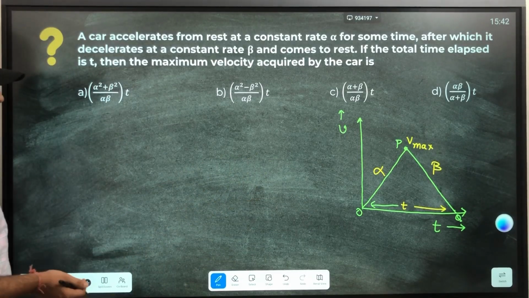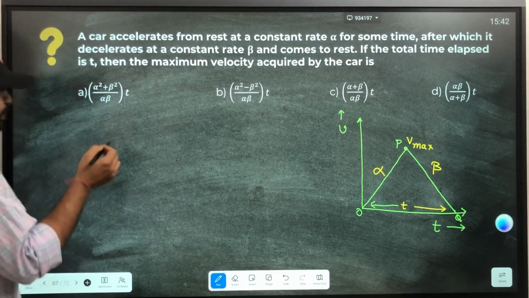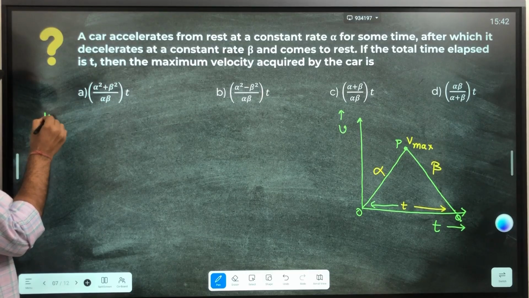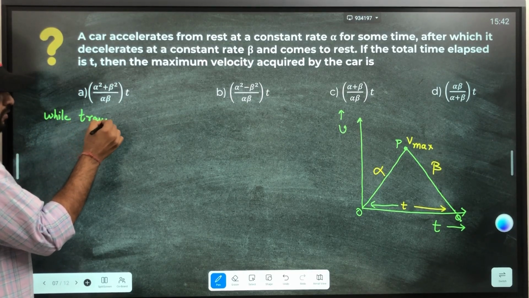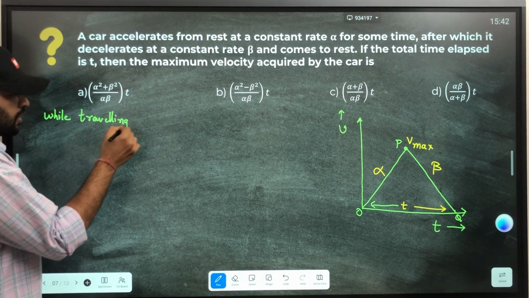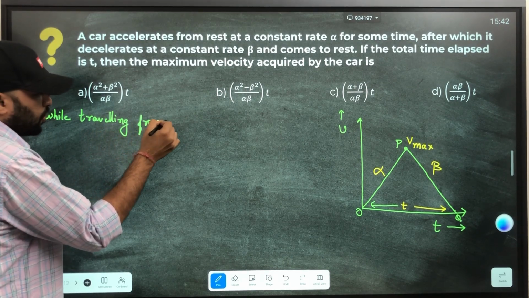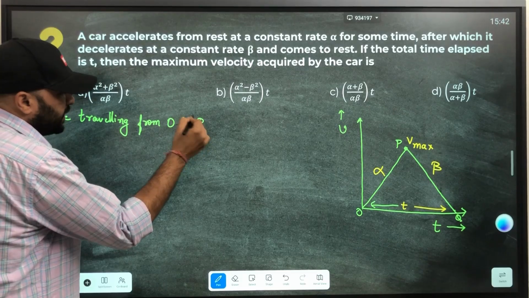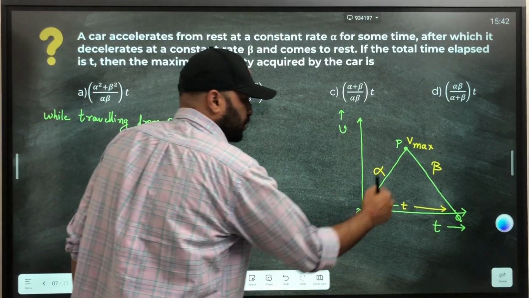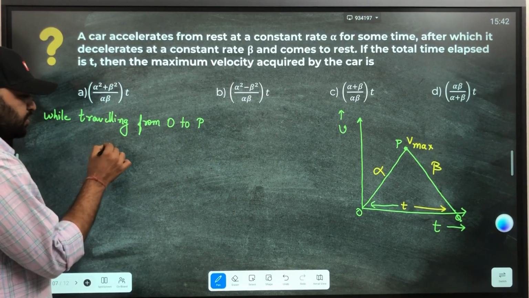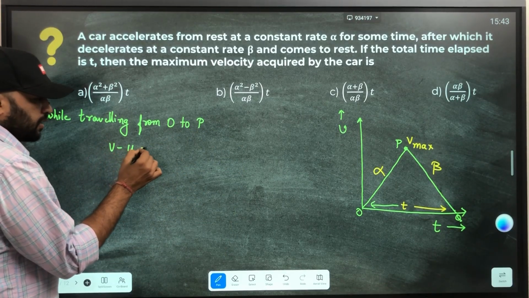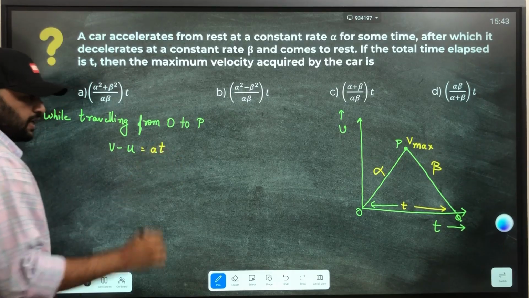Let's split this problem into two halves. The first half, OP. While traveling from O to P, we can use the equation V minus U equals AT, correct?